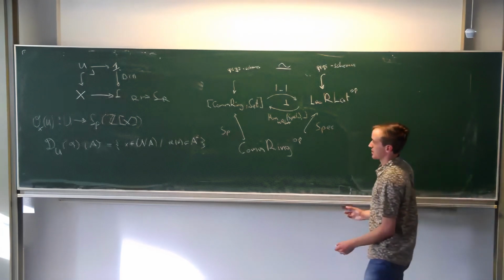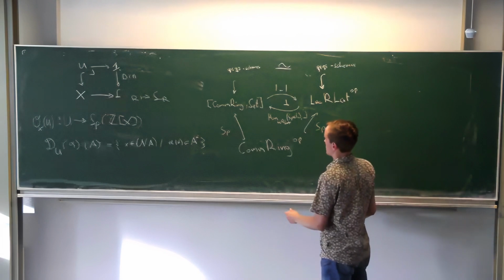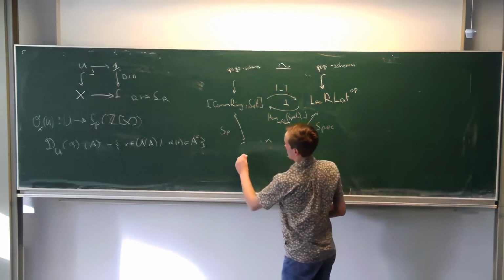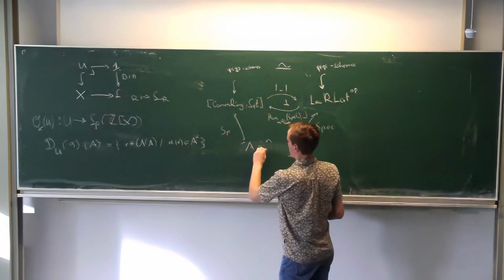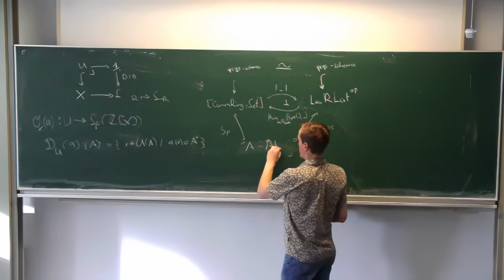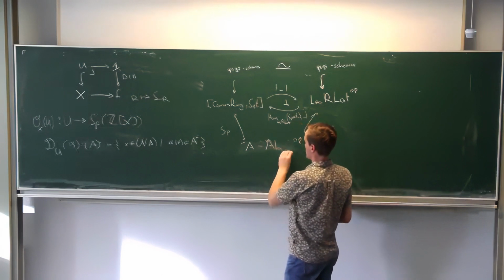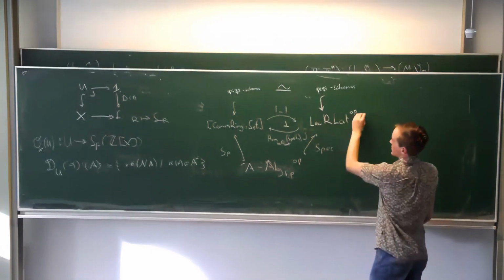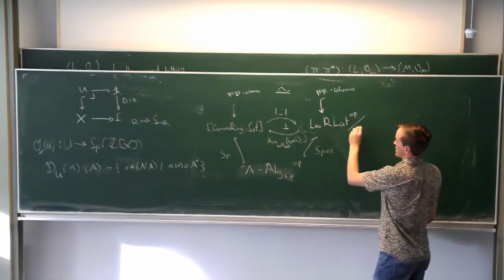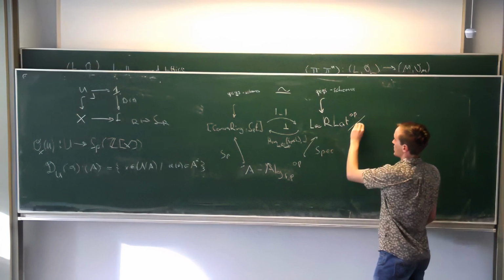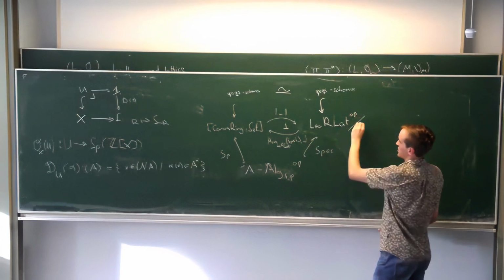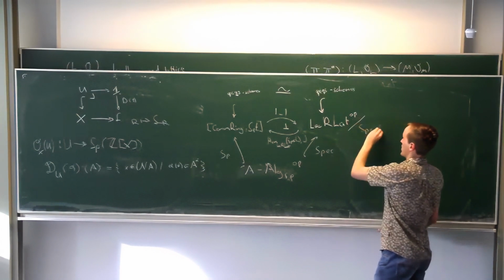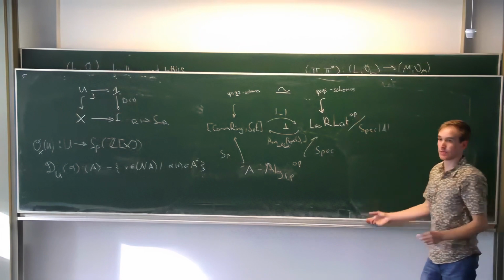And of course we can restrict ourselves to A-algebras of finite presentation. Then we get something like locally ringed lattices over Spec of A, but of course, the Zariski lattice with the structure sheaf.